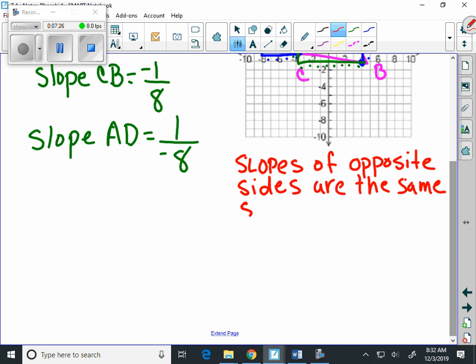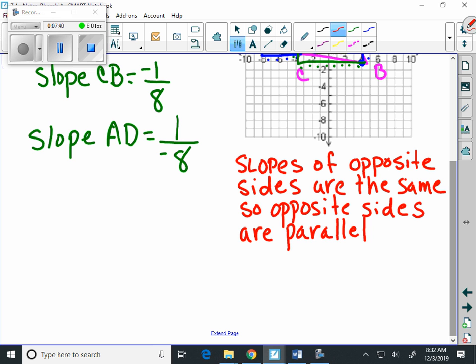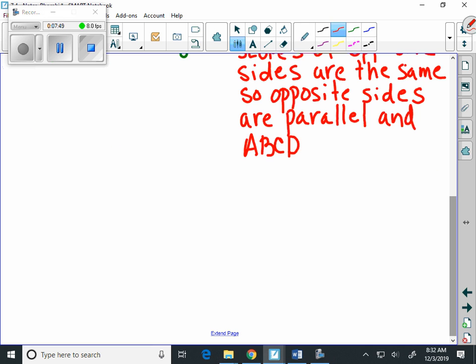So they are parallel. So opposite sides, to be more specific, opposite sides are parallel. And ABCD is a parallelogram.